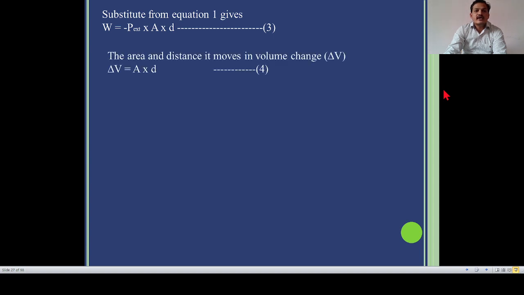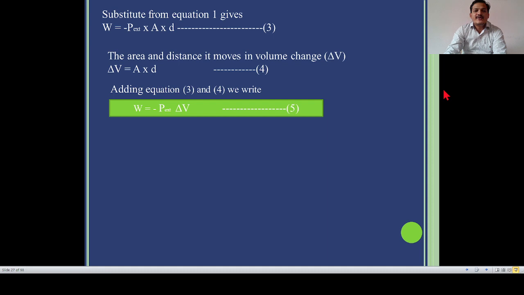So A into d means the area and the distance it moves give the volume change, that is delta V. Delta V is equal to A into d. Combining equations 3 and 4, we write W is equal to minus Pex into delta V. This is the expression for expansion of gas.